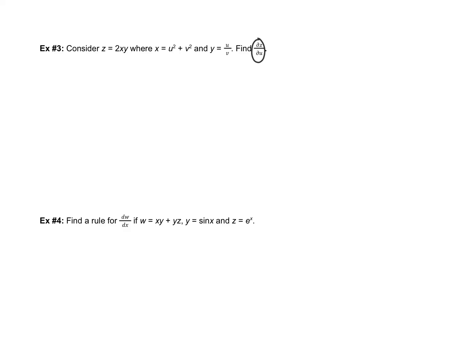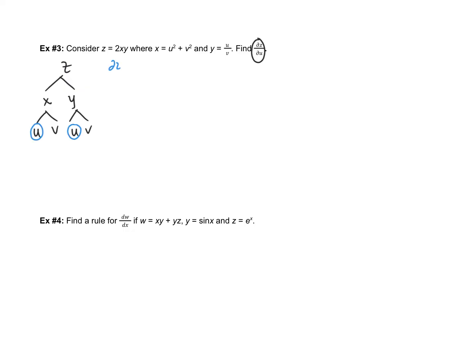Now, you are not required to do a tree diagram. So if you know how to find that derivative right away and you don't need a tree diagram, totally fine. For me, it's helpful. So what I would do is I would say, okay, I have z that's defined in terms of x and y, x is defined in terms of u and v, and y is defined in terms of u and v. So if I want the partial with respect to u, I got to get back down here.